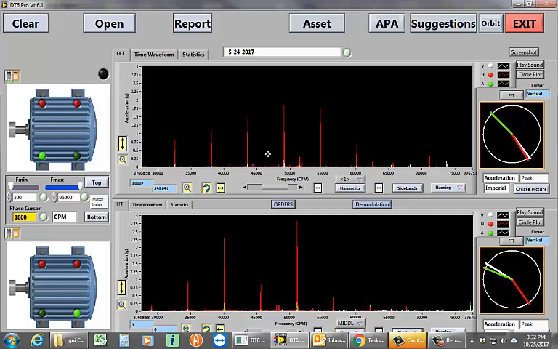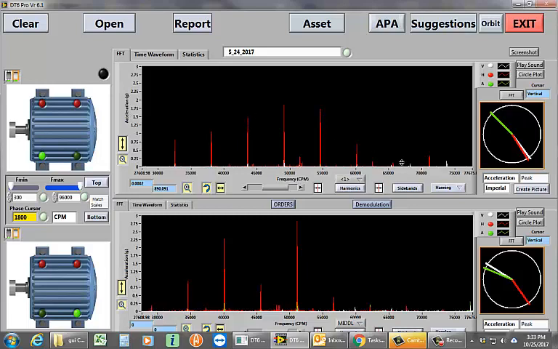And one of the interesting things to note is the reason why we know of fault characteristics like a BPFO number is because for the same given bearing, it has the same number of balls, the same inner diameter, the same outer diameter, which means that the faults are going to occur at the same frequency as long as it's running at the same speed. So the actual width spacing is related to the BPFO number, which is going to be the same for the same type of bearing no matter what.